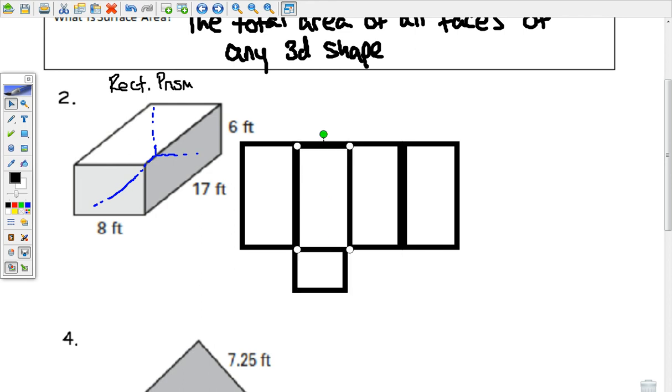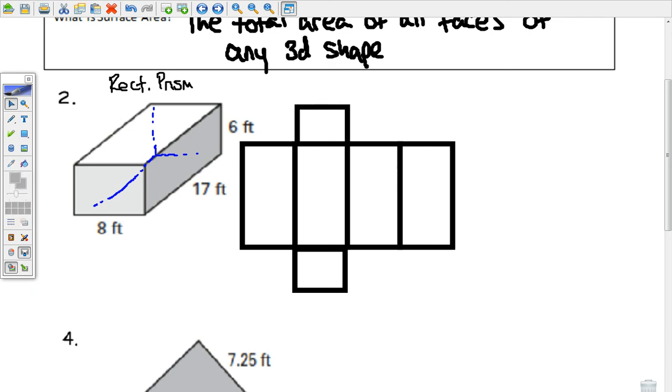You know, these different sides here could go shifted over a little bit, but that would be the net of my figure. So if we label the dimensions here, I won't ask you to do this for every question, but it's good to talk about. This bottom part, 8 by 17, be right here. So I'm going to put those dimensions in there. It would be 17 by 8.